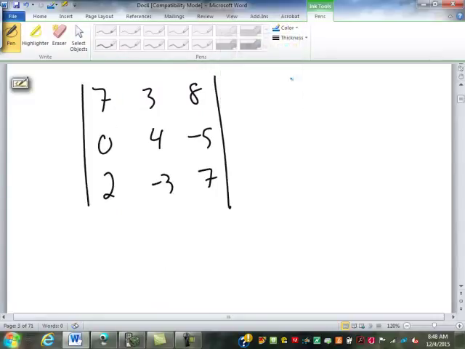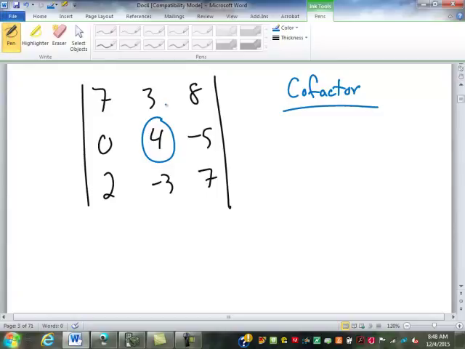There are two things we need. Each term in a matrix has two things associated with it. One is called a cofactor. Now the cofactor is either the value of the entry, or the element, or the value times negative 1. So like here, the 4, its cofactor is either going to be 4 or negative 4. Well, how do we know which one it is? We look at its location. So for the 4, what row is it in?